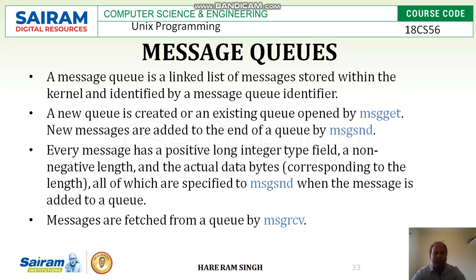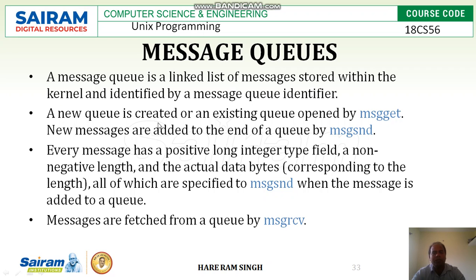So similarly here, the message queue is also a linked list in which one part is used to store the address of the next message, and another part is used to store the messages.